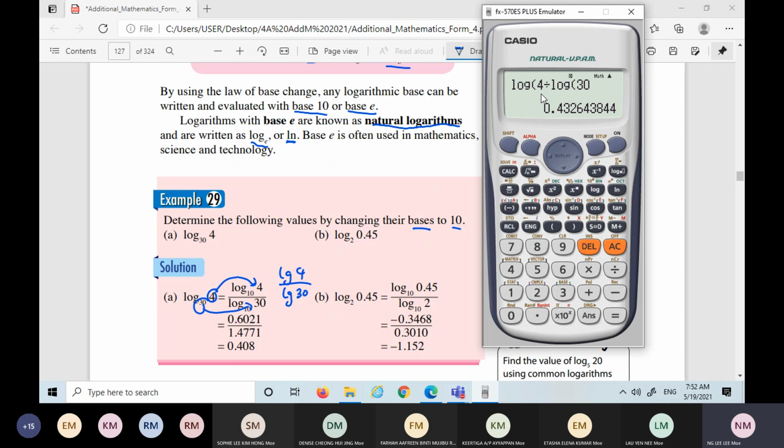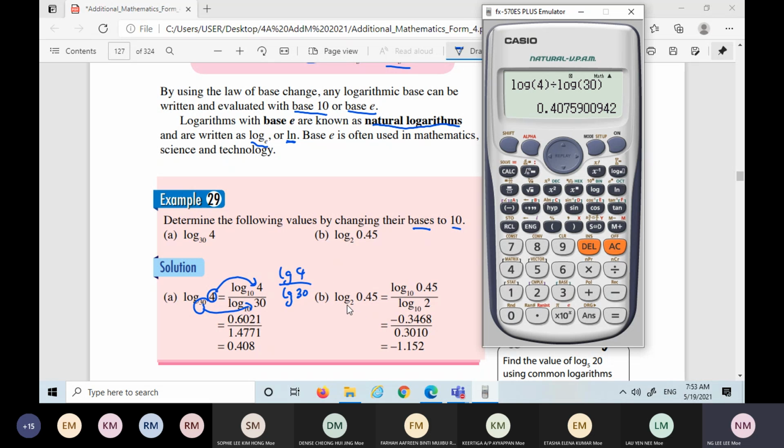You see, I didn't close the bracket here. That was my mistake, so I do it again. Log 4 close bracket, and then divide by log 30 close bracket. Now only I get the answer. So please be careful, here you need to close the bracket.